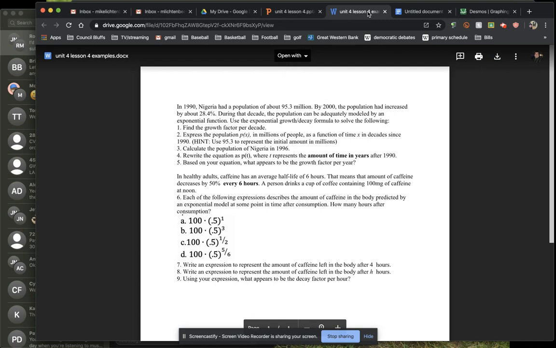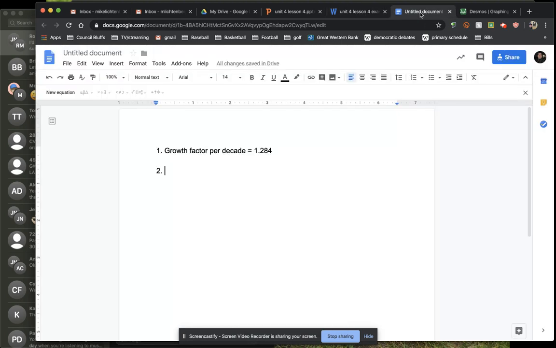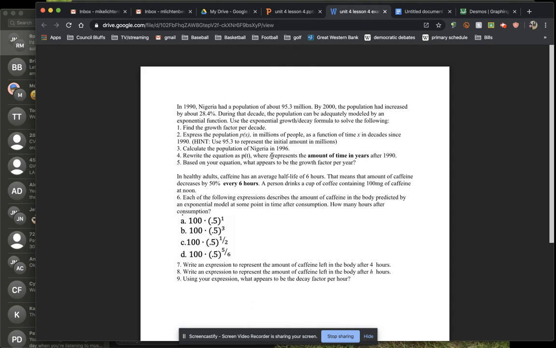Number two, express the population P of X in millions of people as a function of time X in decades since 1990. Hint, use 95.3 to represent the initial amount in millions. Okay, so we're going to use our exponential growth formula. We're not going to write the actual number.